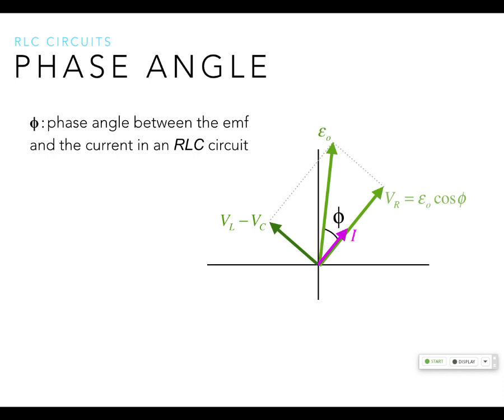In general, okay, if you want to find tangent phi, it's what over what? Opposite over adjacent, so that's VL minus VC over VR. Okay?